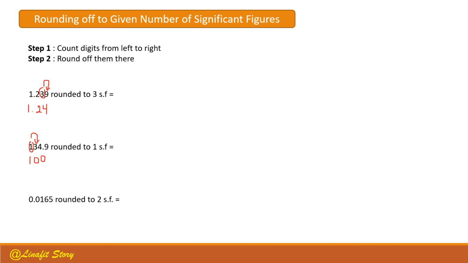When there are leading zeros, such as 0.006, do not count them because they are only there to show how small the number is. So, 0.0165 rounded to 2 significant figures is 0.017. Why 7? Because after 6 is 5, so round up. 6 plus 1 is 7.